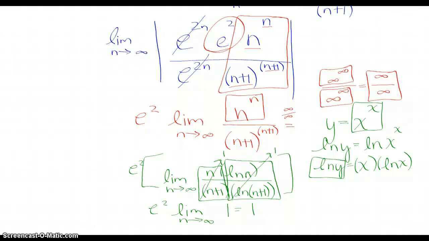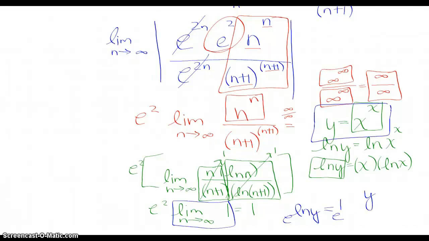But remember, that's not rho. I haven't found rho yet. This is the natural log of y equals 1. So now I'm going to have to raise both sides to get back to y, which was where I started. And y is e.